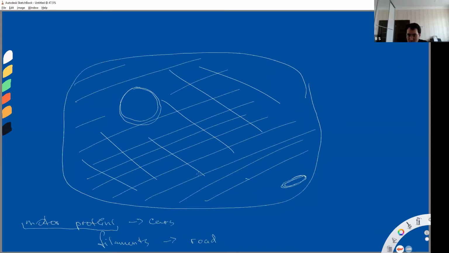So one motor protein takes this mitochondrion and starts moving across these filaments, and it moves to the destination place.